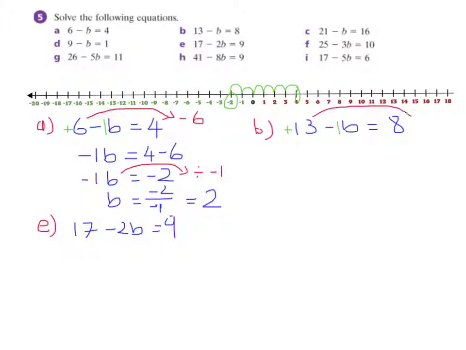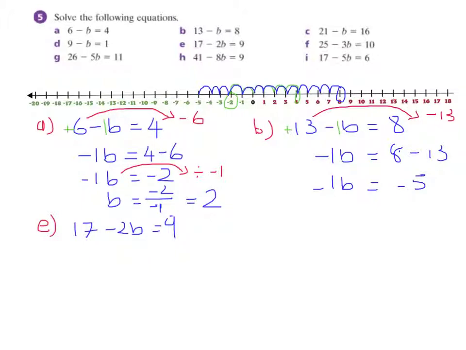So I've got my minus or negative 1b equals 8 take 13. I look at it on here, there's my 8, take 13: 1, 2, 3, 4, 5, 6, 7, 8, 9, 10, 11, 12, 13. So I get my negative 1b equals negative 5.